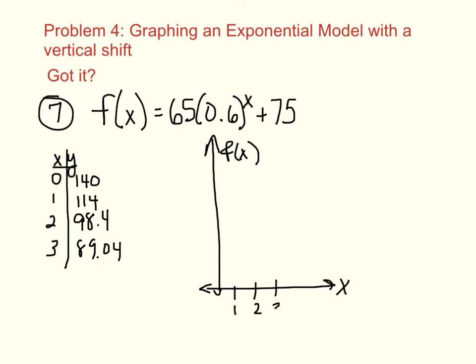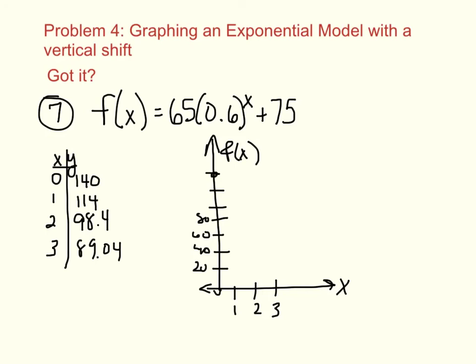So if you graph this, 1, 2, 3, and I'm just going to go by 20s. 20, 40, 60, 80, 100, 120, 140.